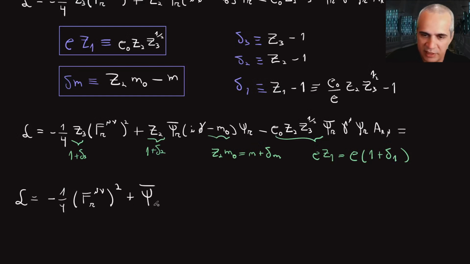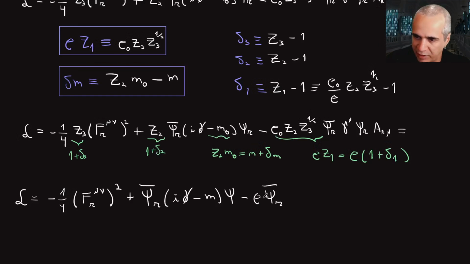But other than that, it's just the QED you know and love, but now with physical constants here. So this is really the mass of the electron, this is really the charge, which again I'll have to define at some scale. We'll get to that next.